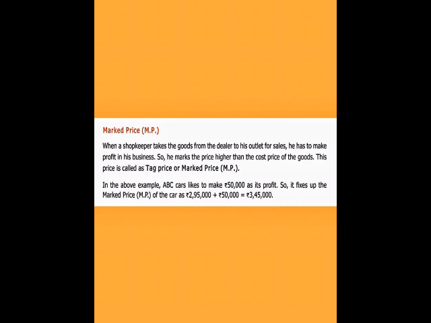Okay, for example, ABC car likes to make 50,000 as profit, so it fixes the marked price of a car as 2,95,000 plus 50,000, which is equal to 3,45,000. 2,95,000 is the purchase amount and 50,000 is their profit. If you add these two, the amount is called marked price.